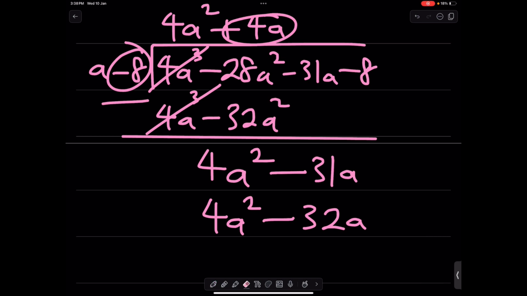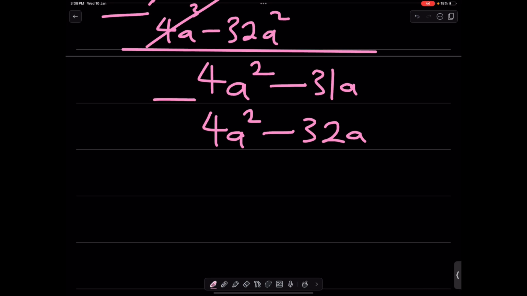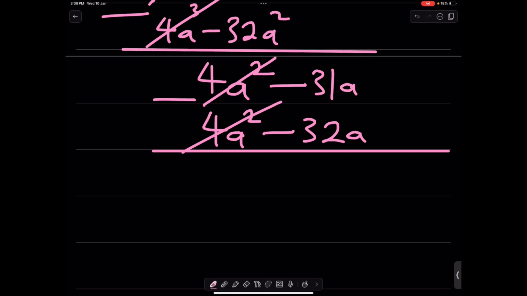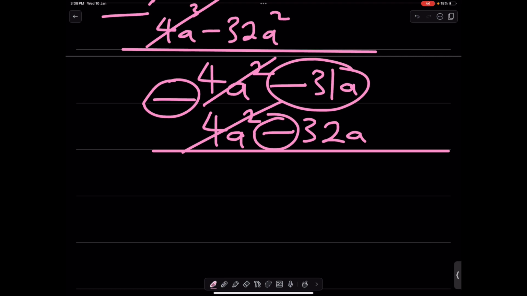Now we subtract again. 4a squared minus 4a squared is 0. Minus 31a minus 32a is the same as minus 31a plus 32a, which is equal to a.